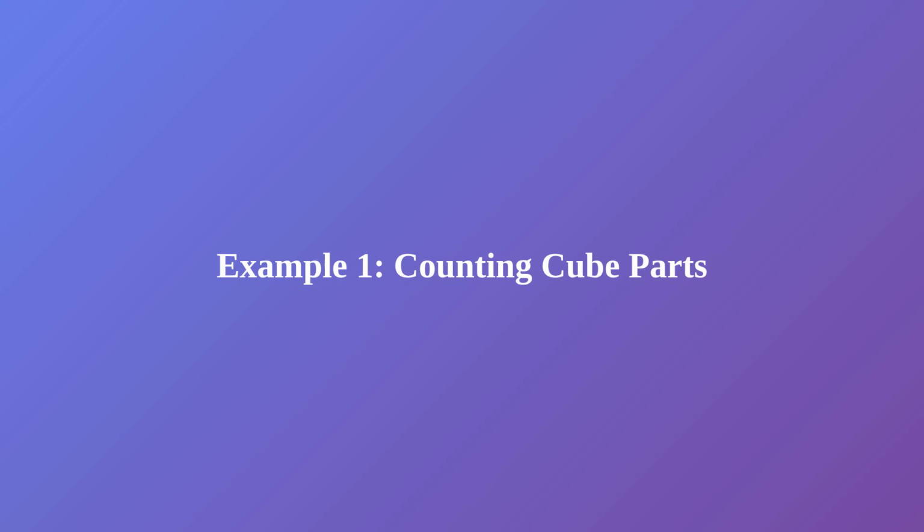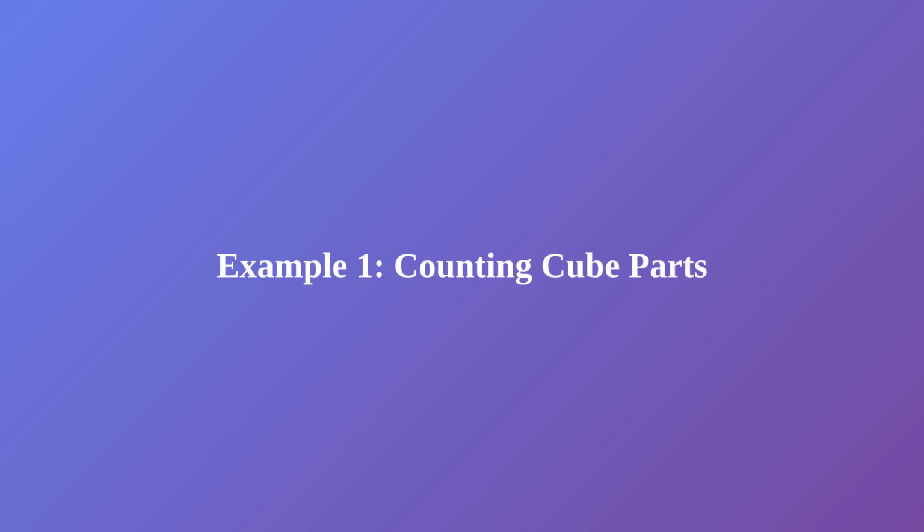Let's try the same problem Maya is working on. Here's a cube. Let's count its parts together. First, the faces. A cube has a top face, a bottom face, a front face, a back face, a left face, and a right face. That's 1, 2, 3, 4, 5, 6. 6 faces total. Now, edges.